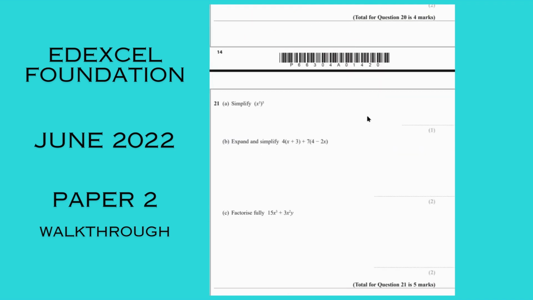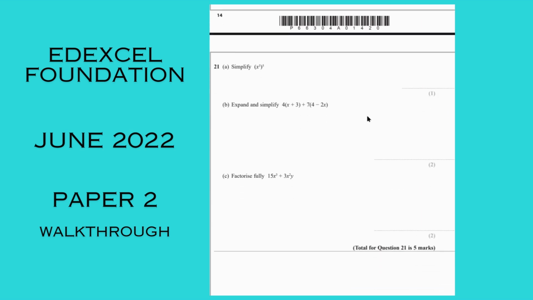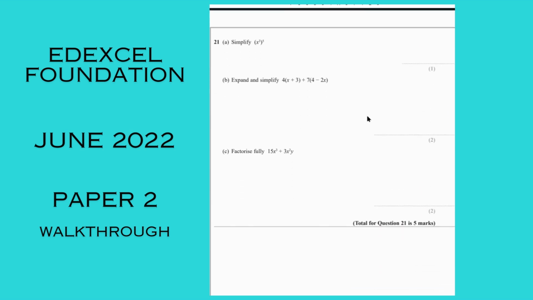On to the next. So we've got some algebra. So first one, we've got a power to a power. So you should have been thinking 3 times 5 to give you x to the power of 15. And then it's not quadratics. There's 2 brackets, but they're separated by a plus.